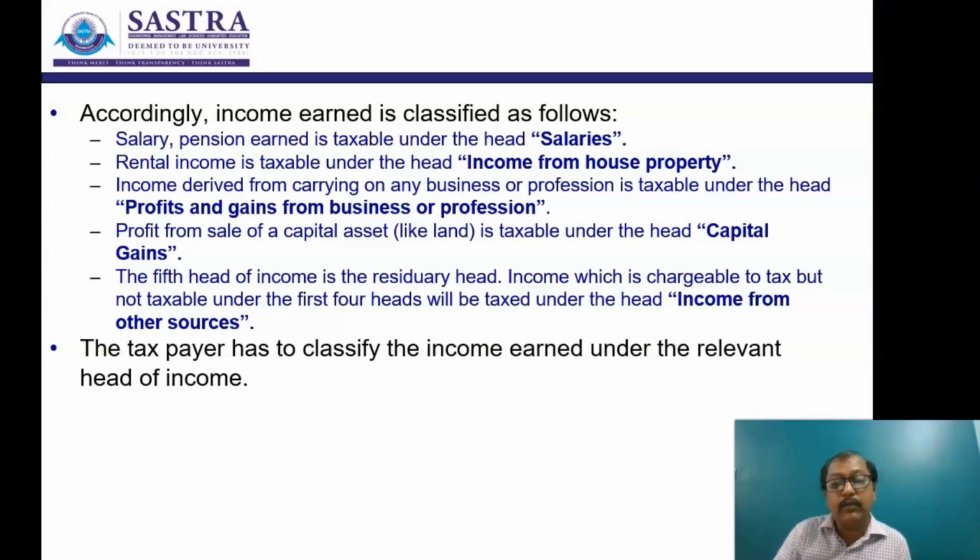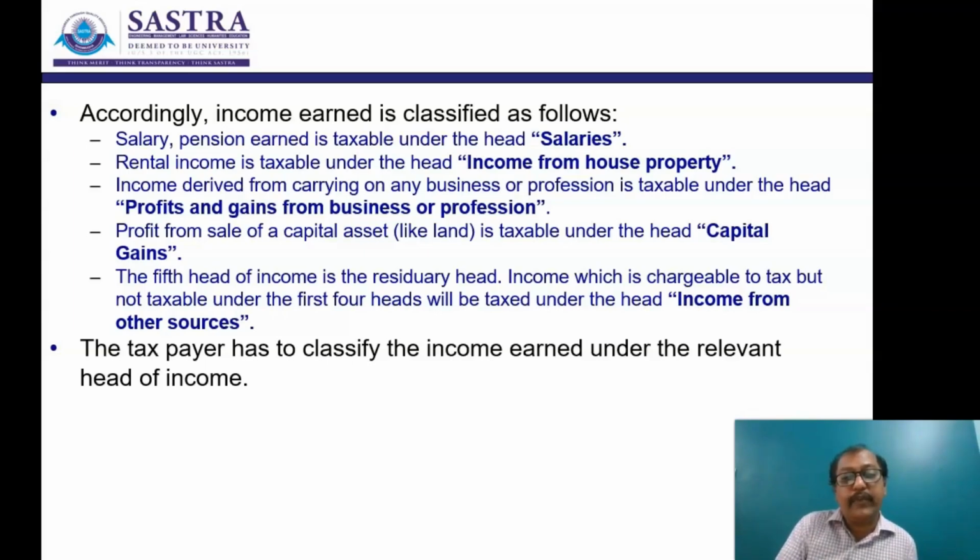The taxpayer has to classify the income earned under the relevant head of income, and he has to compute his taxes. Okay, I'll reiterate the 5 different heads of income. 1, a salaried person earns his taxable income under salary. Rental income could be possible for a person who has house property.